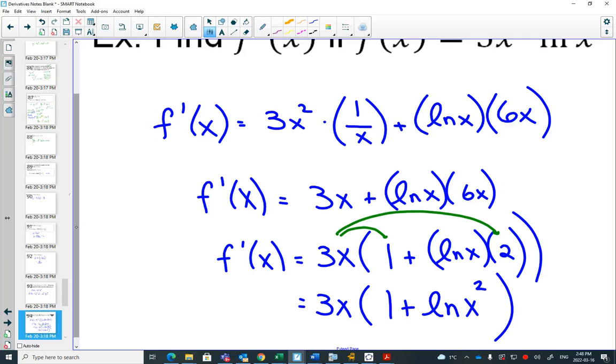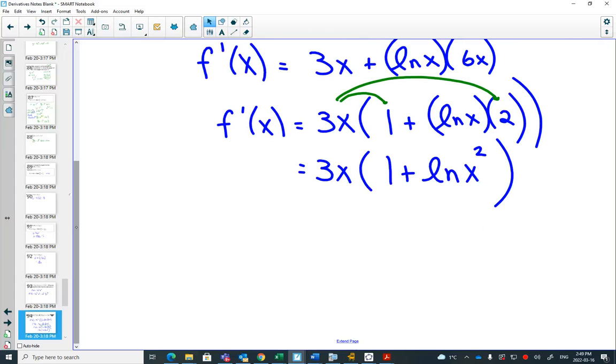Okay? Your log laws are up here on the board on the side. So a number in front of a logarithm, right there, can be moved in as an exponent inside the logarithm. For those of you that have not done logarithms yet, welcome to the log laws. Which means I could also rewrite this as, if I was having fun, well, 1 is the natural log of e.